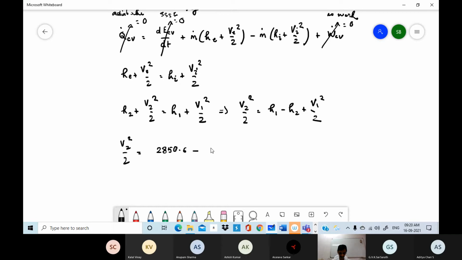H2 is 2595.2. This is in kilojoule per kg, plus V1 is 50 meter per second.